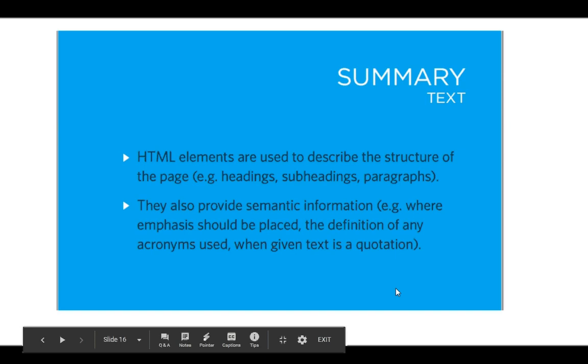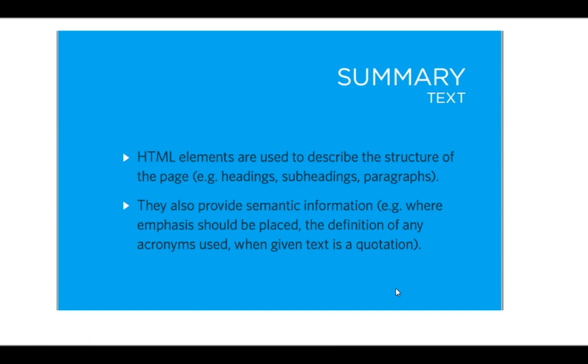So let us summarize. HTML elements are used to describe the structure of the page, for example, headings, subheadings, paragraphs. They also provide semantic information, for example, where emphasis should be placed, the definition of acronyms used, and when a given text is a quotation.